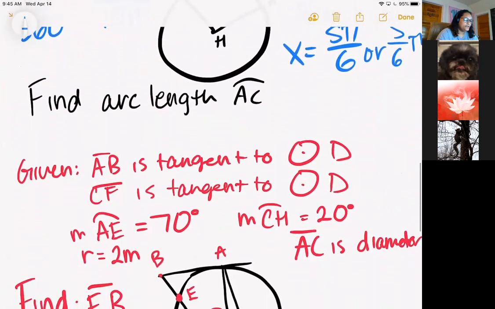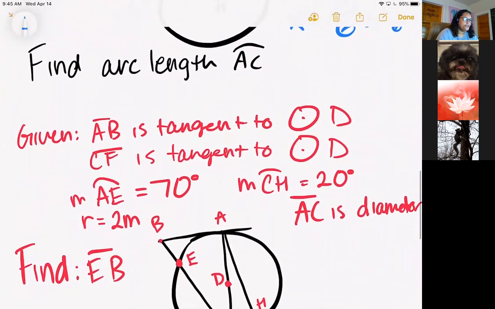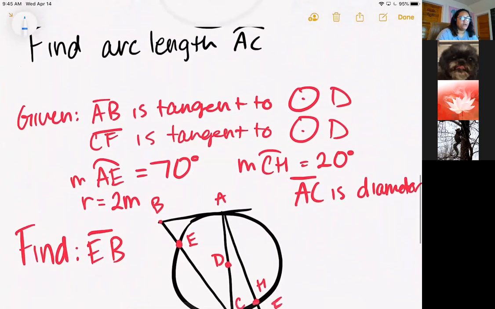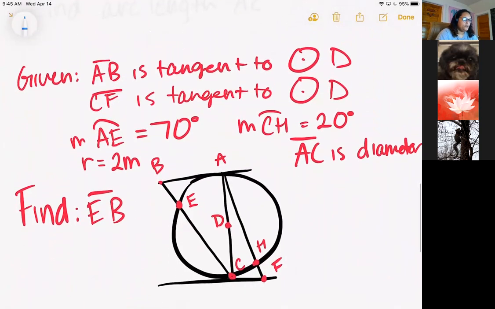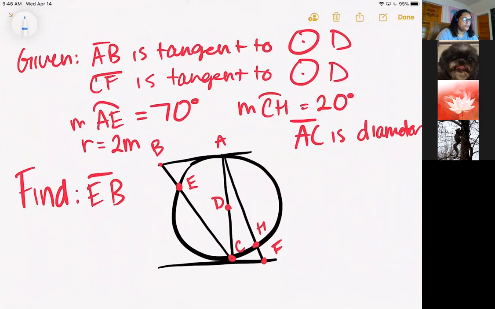All right, so this last problem is kind of a doozy, and I did it on purpose because there's a harder problem on the test that is similar, I guess. So let's see. We are given that AB is tangent to circle D. CF is also tangent to circle D. The measure of arc AE is 70 degrees.